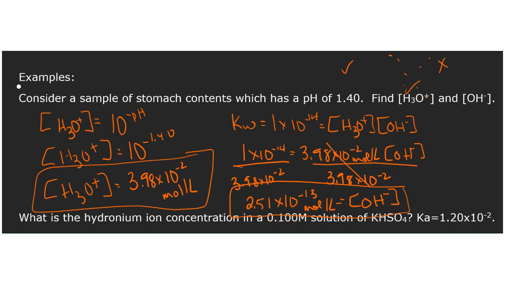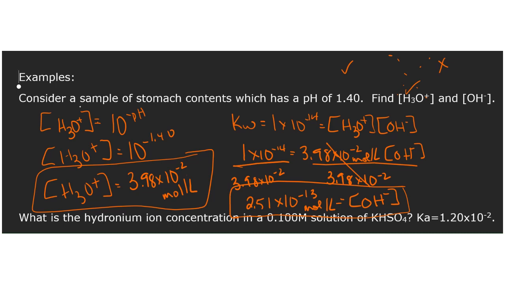It's acidic, good. Another way you could look at it is to look at the concentration. 3.98 times 10 to the negative 2 is larger than 2.51 times 10 to the negative 13.